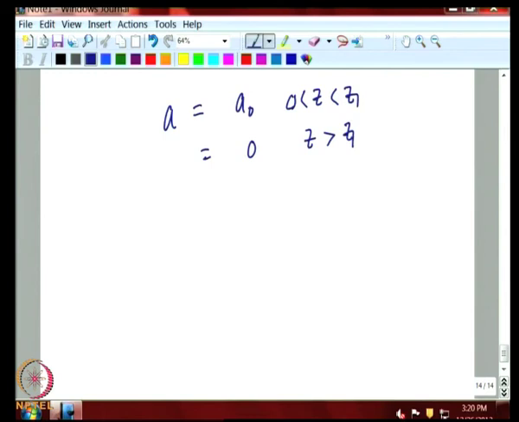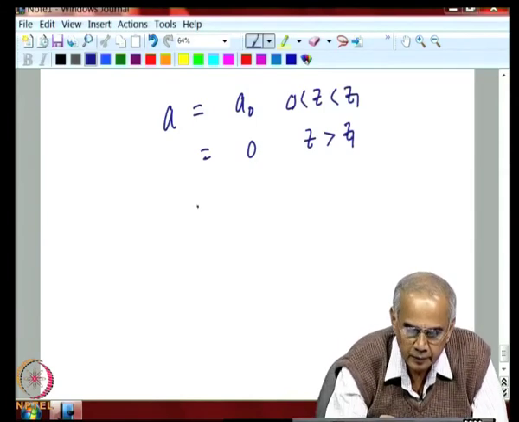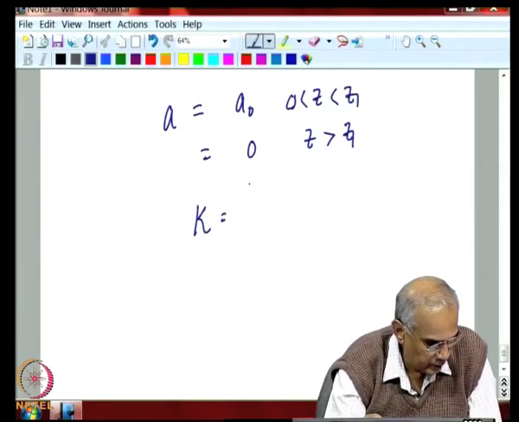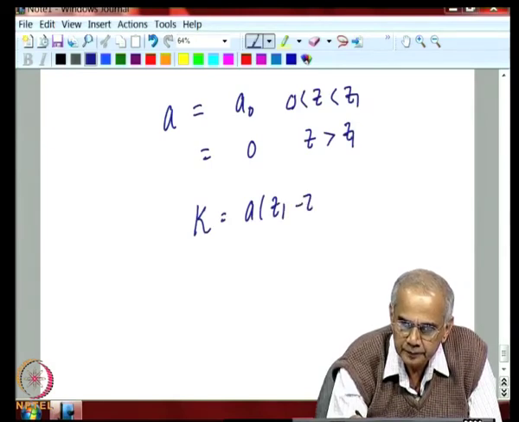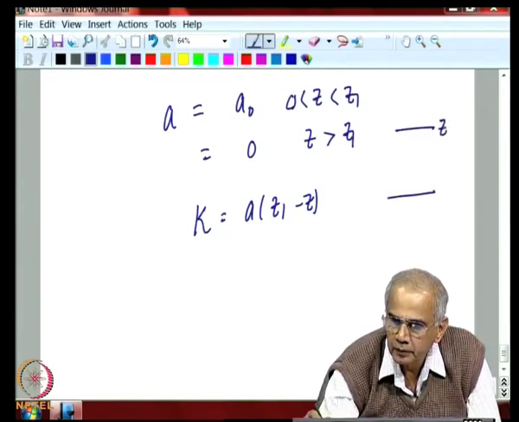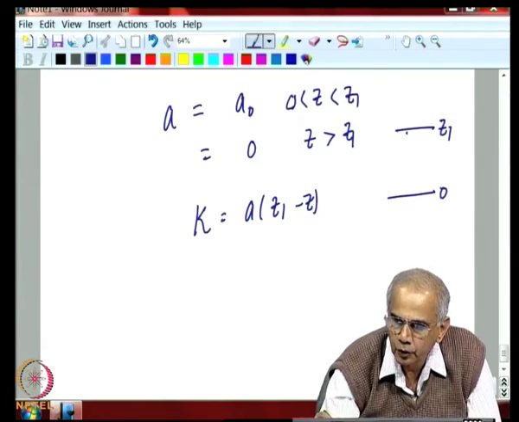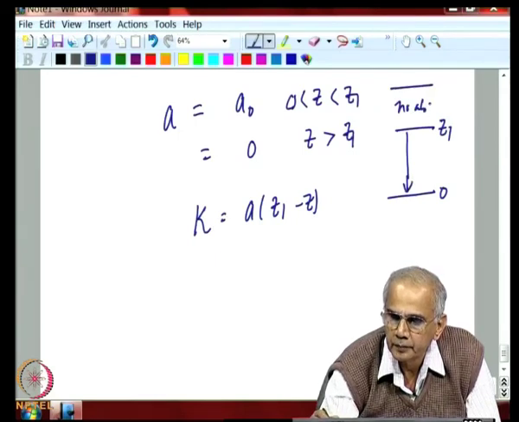So, in this simple model, since there is no absorption above that layer, our optical depth kappa now will be scaled somewhat differently from what we did earlier. It will be Z1 minus Z, because when Z equals Z1, we are counting from the top of the atmosphere. When Z equals Z1, optical depth is 0, and as we go to 0, the optical depth is going up, and here there is no absorption above that.